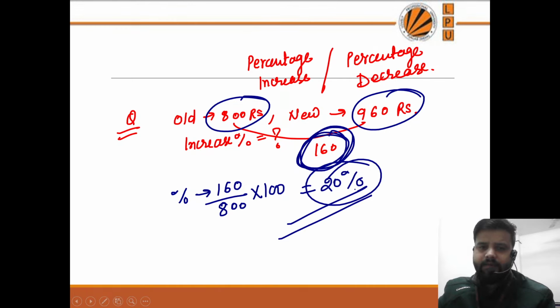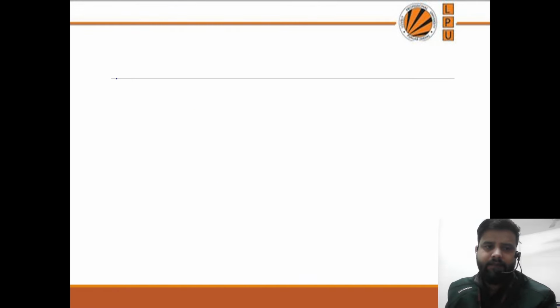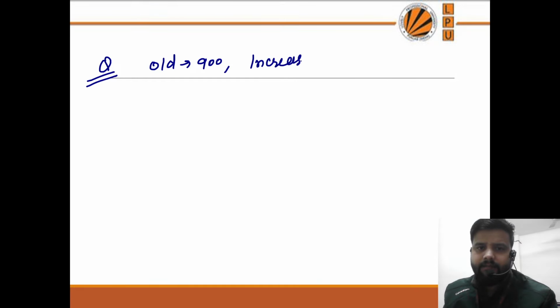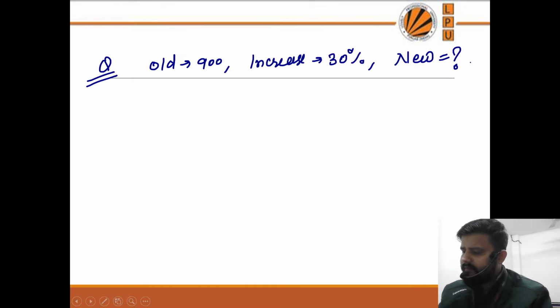Now let's come to the next question. Just answer it if you can. The question is, the old salary of a person is 900 rupees. He is getting an increase of 30%. Now tell me his new salary. Answer it.